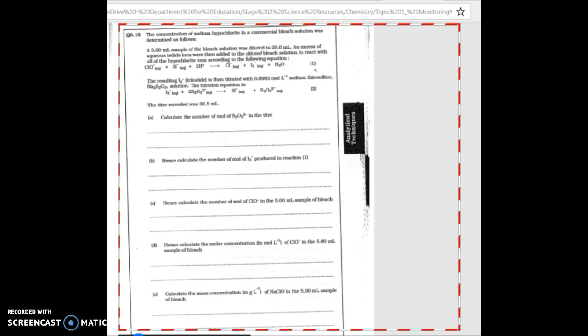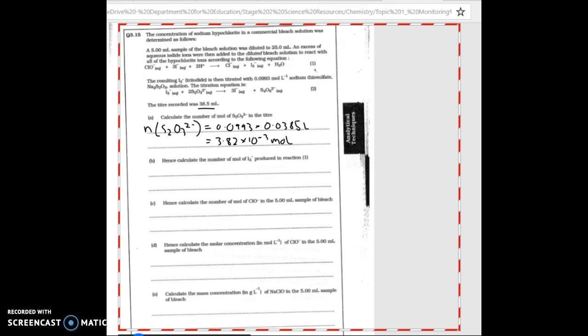So part A, number of moles of the S2O3 2- equals the molar concentration, 0.0993 moles per litre, times what we got from our titre, 0.0385 litres, and we get an answer of 3.82 times 10 to the minus 3 moles.